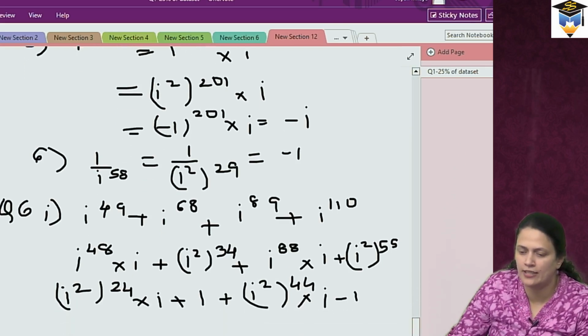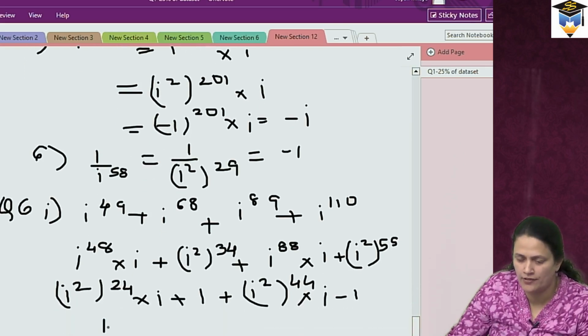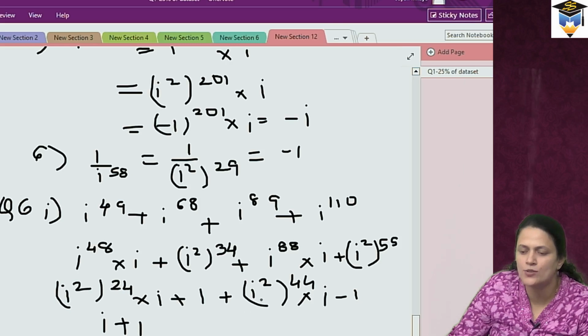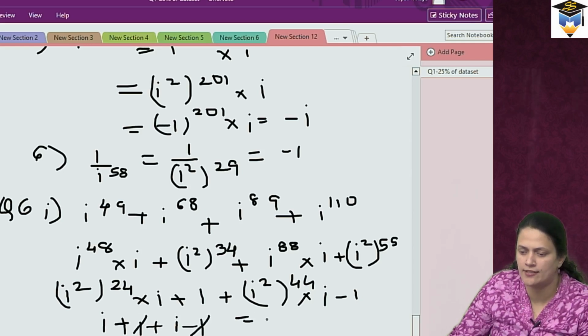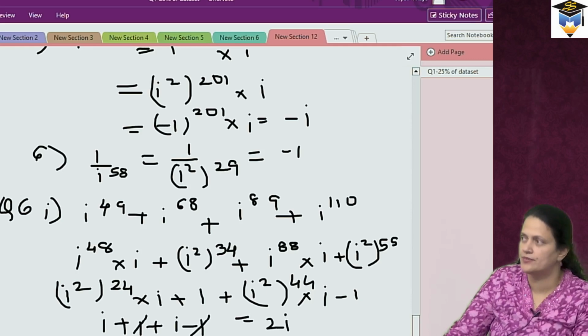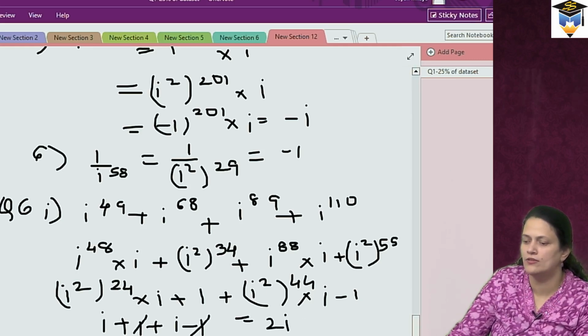So solve and tell me. So this is going to be 1 into i is i plus 1. i square is minus 1, minus 1 raised to an even power is plus 1. So your plus 1 minus 1 will get cancelled and the answer is 2i. Easy? All of you understood this part?